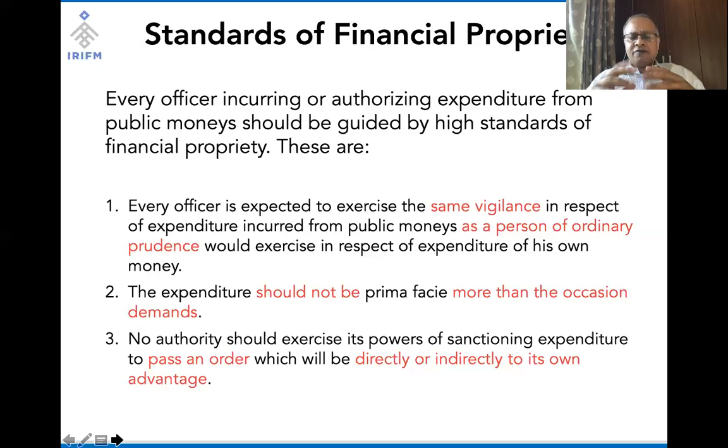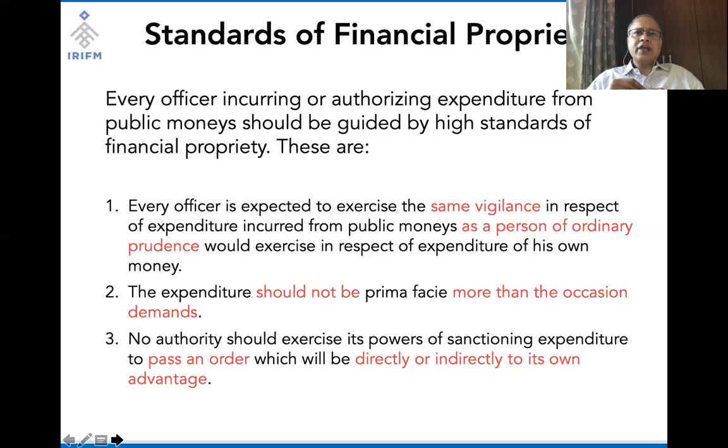So the first canon of financial propriety is that every officer is expected to exercise the same vigilance in respect to public procurement as a person of common prudence would exercise when spending his own money.